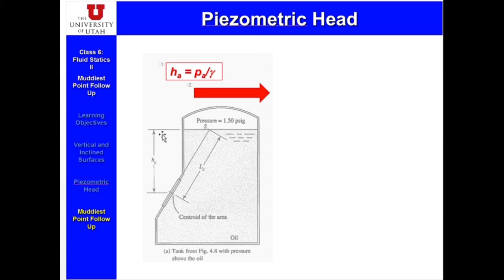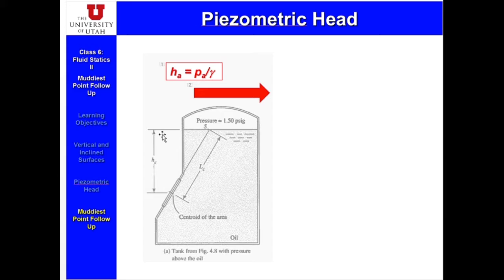We can calculate that piezometric head, or H sub A, by dividing the pressure, in this case 1.5 psi, by the specific weight of water. And we can convert that to a head in terms of elevation.